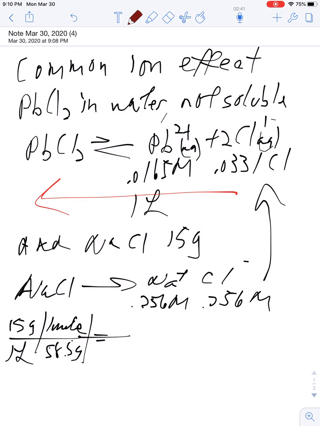In this case, the stress was adding chloride, so the reaction is going to shift left, okay? Now the question is, how much will it shift left, okay? So now we have to do a little bit of different type of calculation.